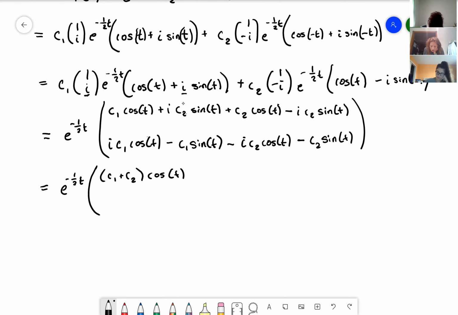And the real part down here is negative c1 plus c2 sine of t. And now the imaginary part.